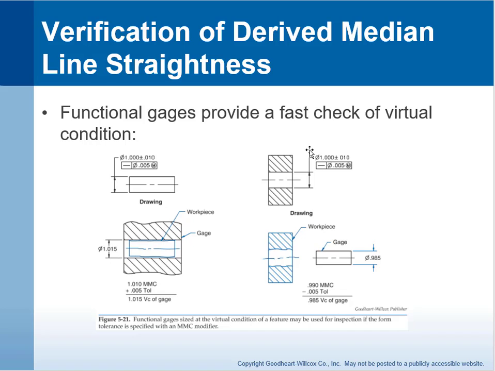So to check this hole, size and form, we would make a gauge which is right at the .985 virtual condition boundary, and as long as we could take this pin and put it through that hole, then we know that our part meets this size and form tolerance. Remember, size and form tolerances together are known as the virtual condition. So this is introducing the concept of a functional gauge to check virtual condition.